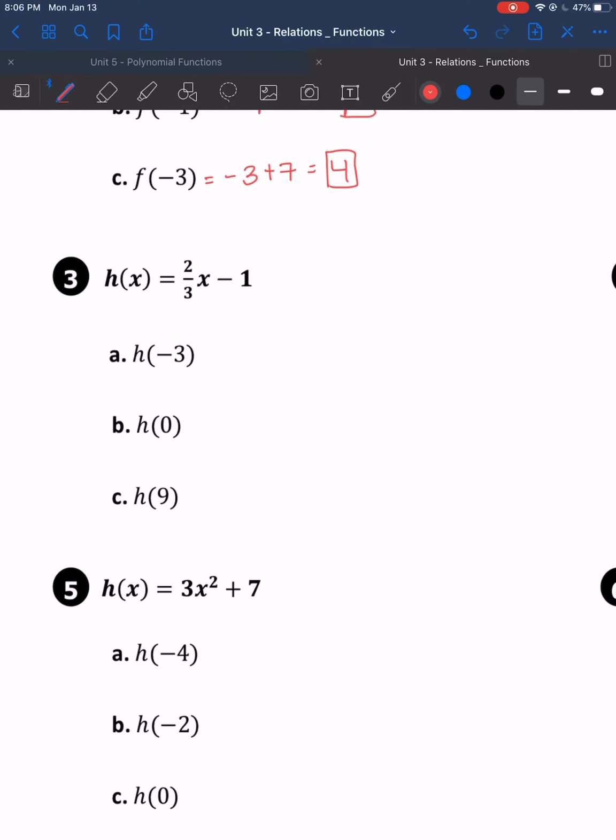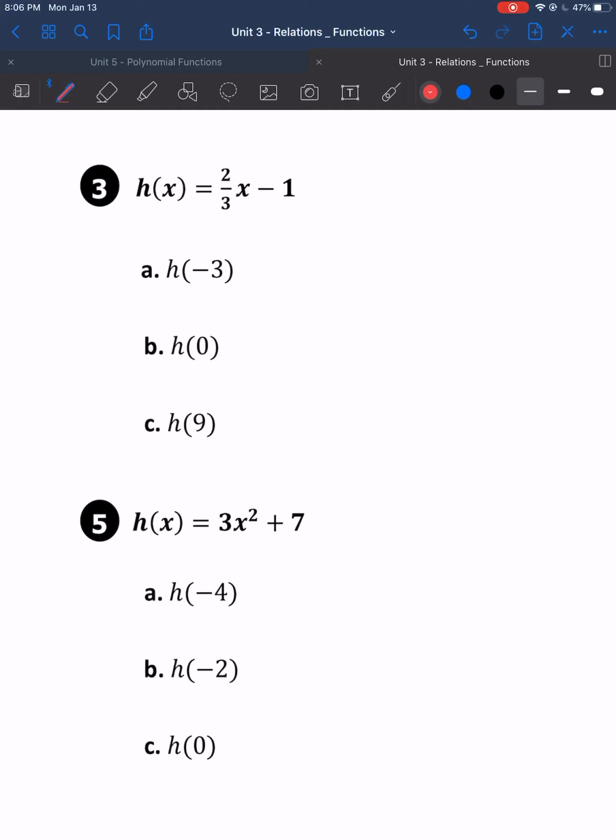So let's do number 5. Number 5 is h of x equals 3x squared plus 7. Once again, it's similar to f of x, it's just a different letter. So I'm going to plug in negative 4 for x. So 3 times negative 4 squared plus 7.